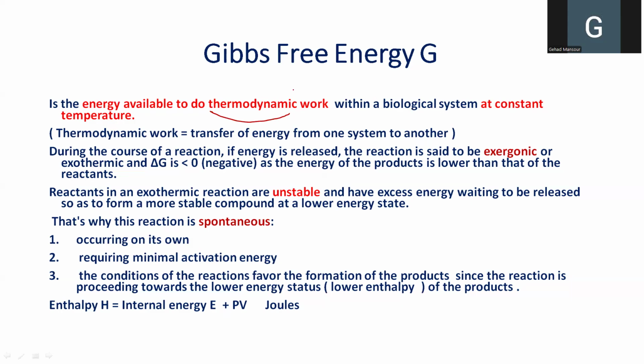So whenever you have energy that is transferred from one system to another, then there is available or usable energy, and that is Gibbs free energy. But this should be at constant temperature. So Gibbs free energy, again, is the energy that is available to do work within a biological system, but it does work at a constant temperature. And we will be explaining this very soon.